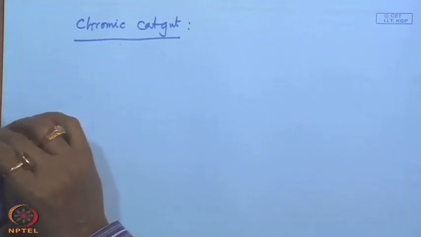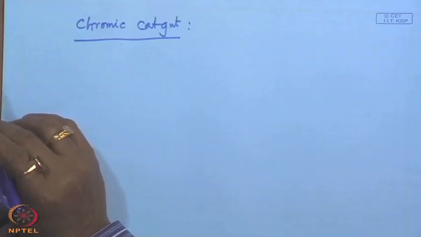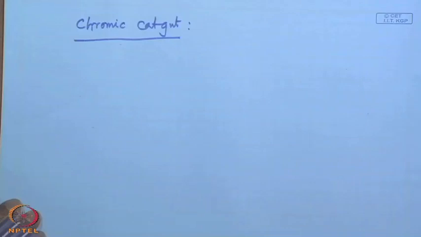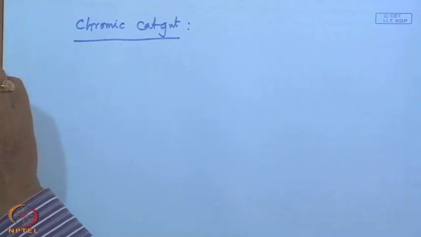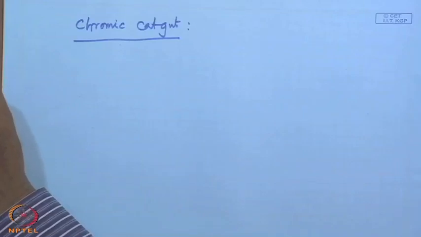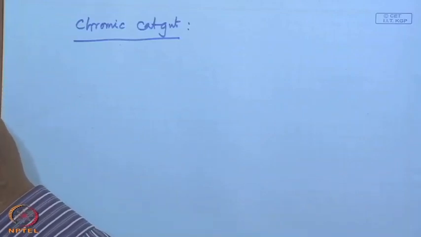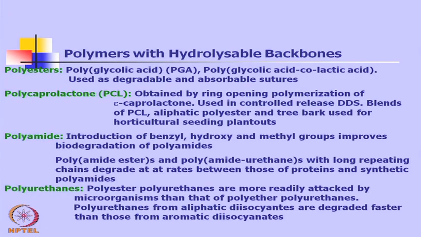Today, bioabsorbable, biodegradable sutures have been developed from polyglycolic acid, polylactic acid or their copolymer, which slowly degrade within the body, and the degradation products get absorbed without any hazards or toxic effects on the living system.